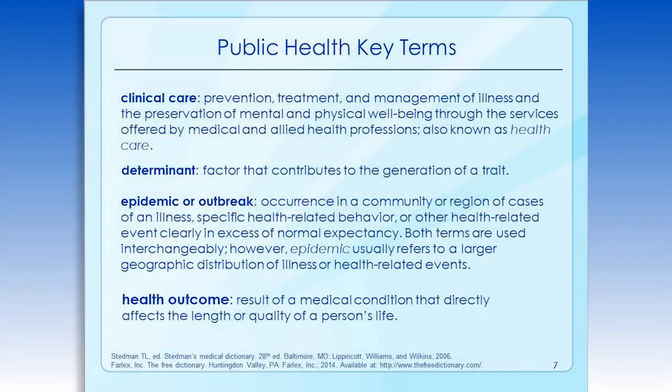Epidemic or outbreak, as you can see on the slide, is the occurrence in a community or region of cases of an illness or a specific health-related behavior in excess of what you would normally expect to see in that area. And epidemic and outbreak are used interchangeably. However, epidemic usually refers to a larger geographic distribution of illnesses or health-related events.